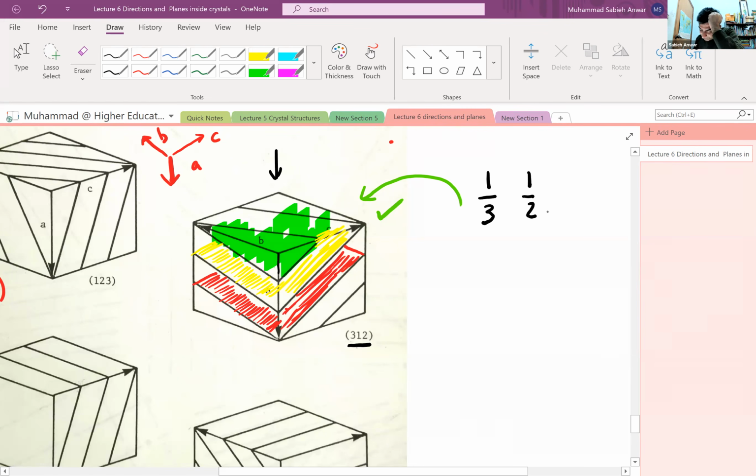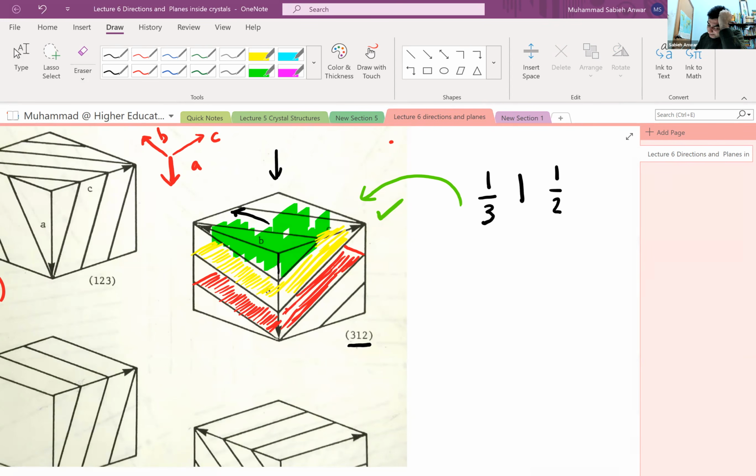And it intercepts the Z axis at some location. Sorry, this is my B axis. So it intercepts the B axis at a location 1, and it intercepts the Z axis at a location 1/2. So I get 1 by 3, 1 and 1/2.